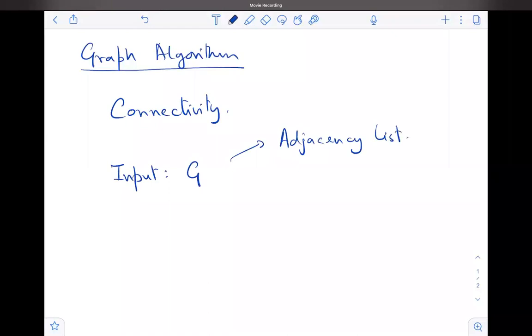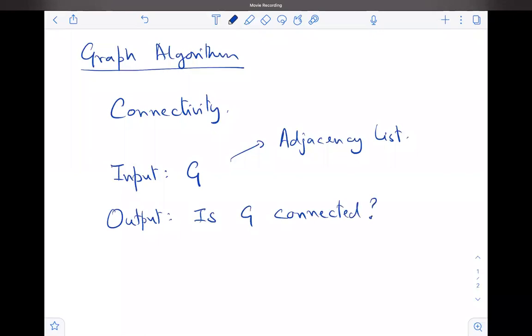If at all we talk about an adjacency matrix, I will mention it clearly. So we have been given a graph in adjacency list form, and I have to output something like: is G connected?